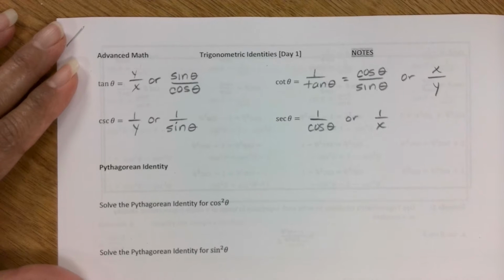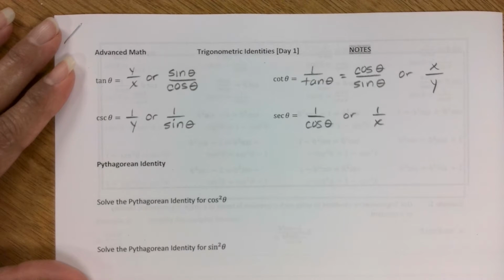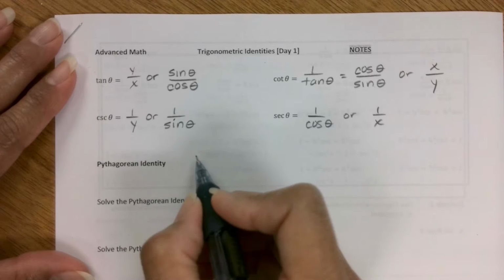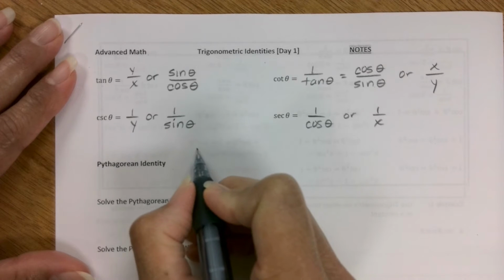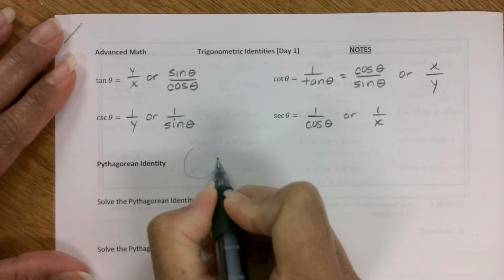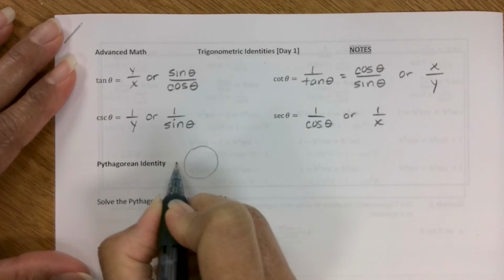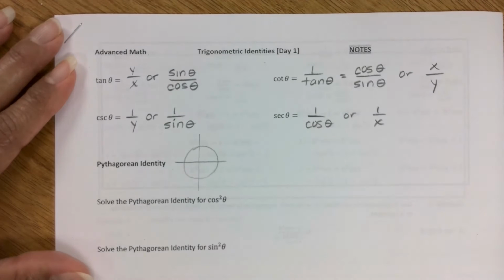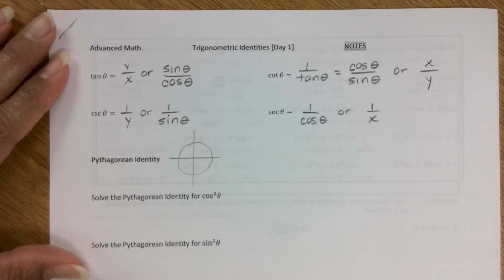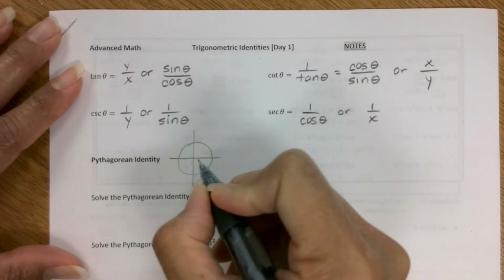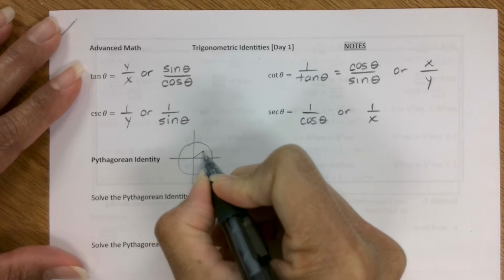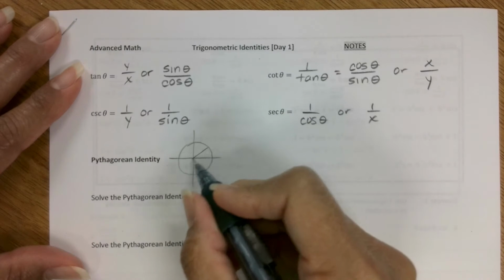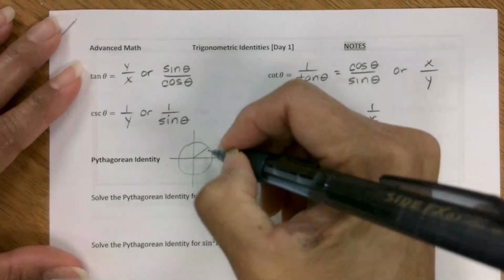So those are the main ones we're going to be using on our first day. But let us look into remembering what the Pythagorean identity looks like. So if you recall on our unit circle, let me do a brief sketch here. All the radii of our unit circle were of length 1. So let's say I did the 45, 45, 90 degree angle.